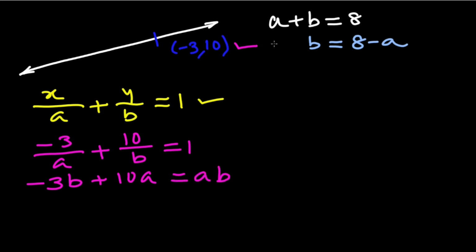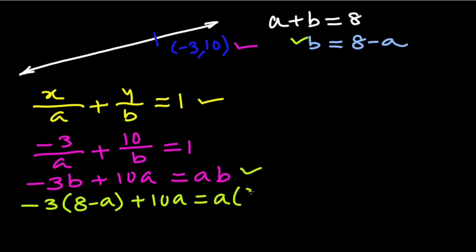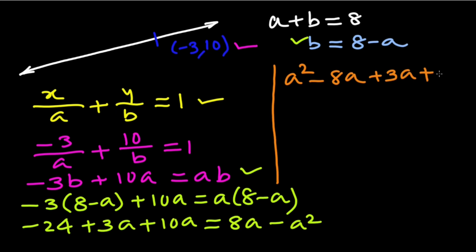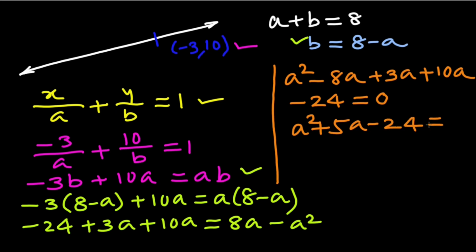Now we will substitute the value of b in this equation. So we write minus 3 into 8 minus a plus 10a equals a into 8 minus a. Minus 24 plus 3a plus 10a equals 8a minus a squared, which will be a squared minus 8a plus 3a plus 10a minus 24 equals 0, which will be a squared plus 5a minus 24 equals 0.